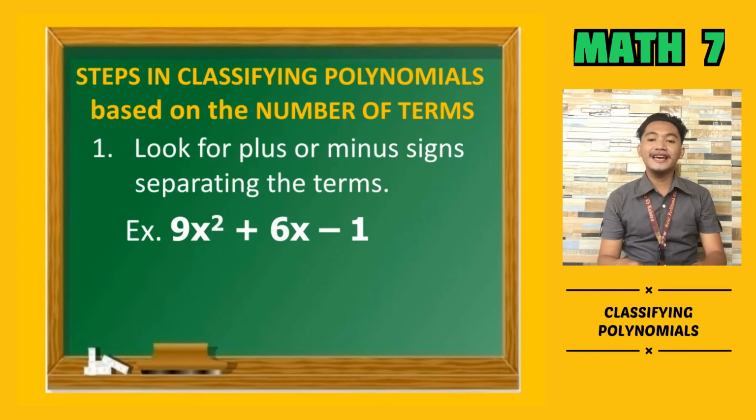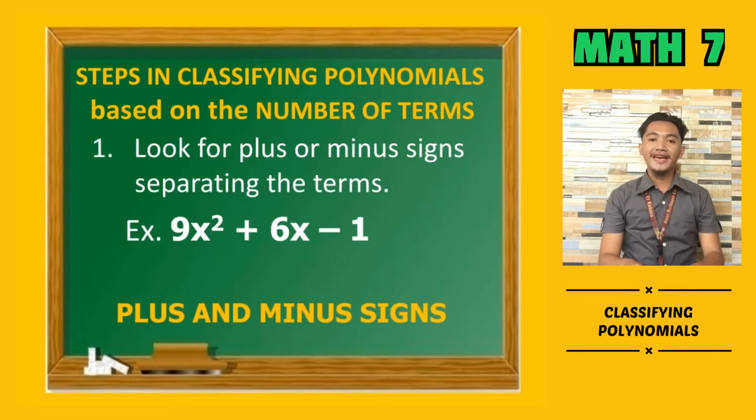But 9x squared plus 6x minus 1 is actually the simplified form of 9x squared plus 6x plus negative 1. So in our example 9x squared plus 6x minus 1, let us look for plus or minus sign. And we actually have a plus and minus sign here that separates the terms.